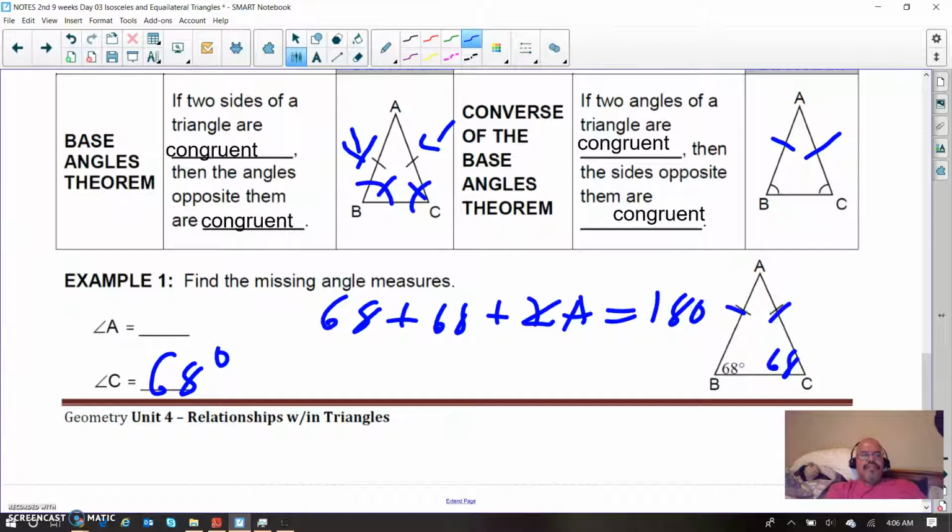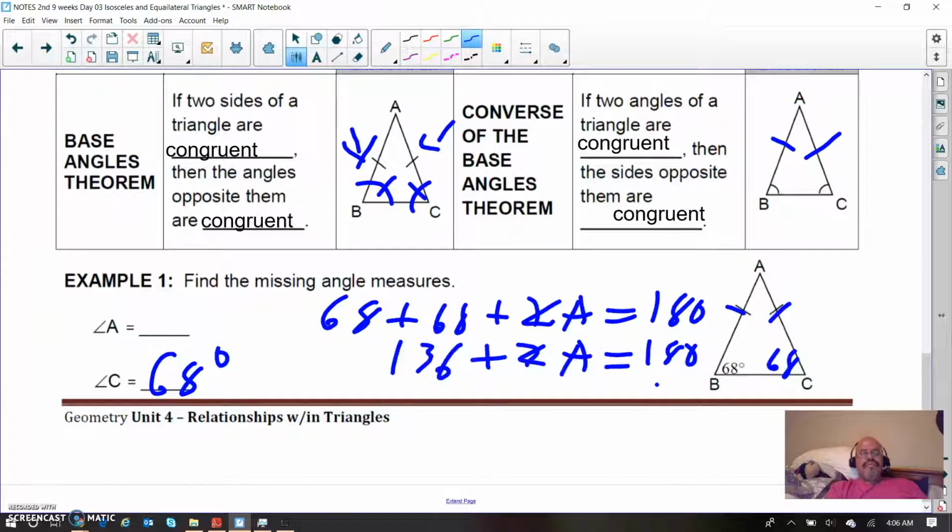Well, 68 plus 68 is 120 plus another 16, that's 136, plus angle A equals 180. Subtract 136 from both sides. That would normally be 50, but minus another 6 is 44.